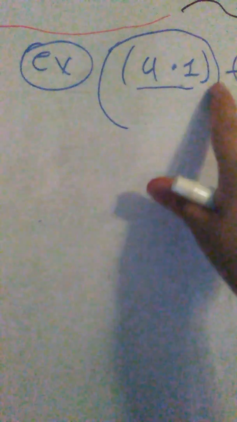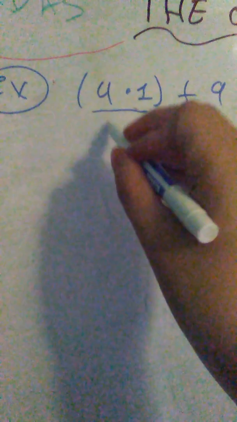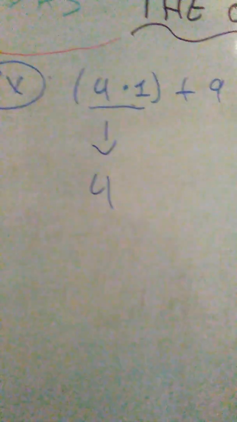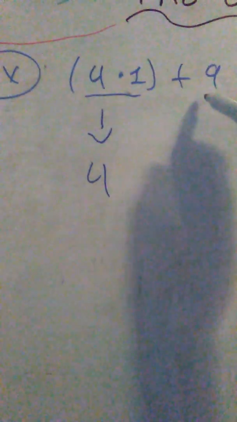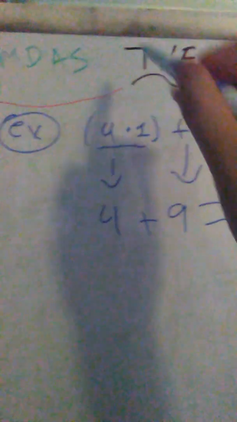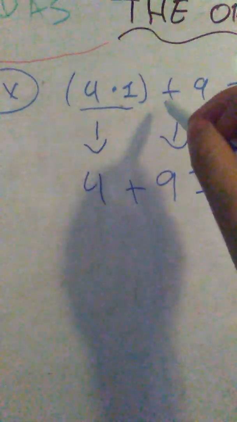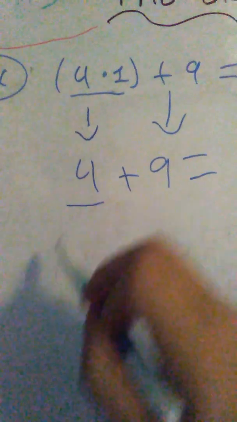So we go ahead and do this operation, 4 times 1, which is just 4. And then we bring everything down, 4 plus 9. So we first ended up with a product, right? 4 times 1 gave us a product of 4.